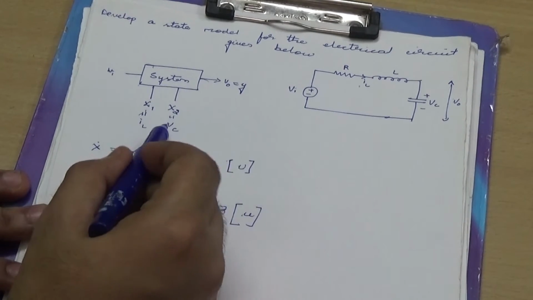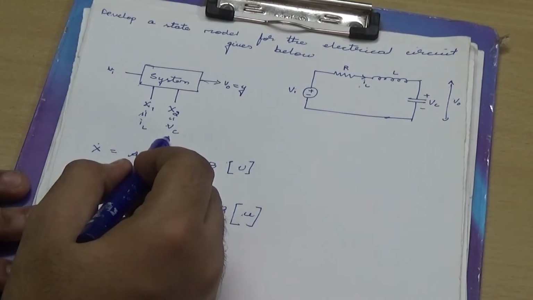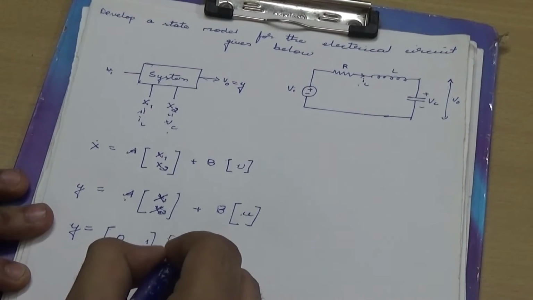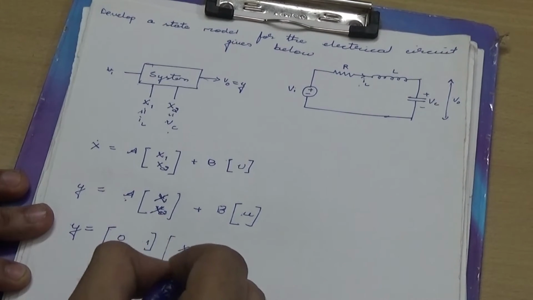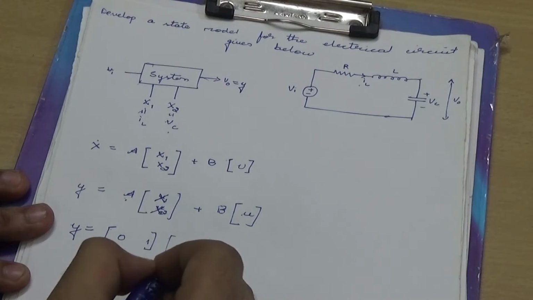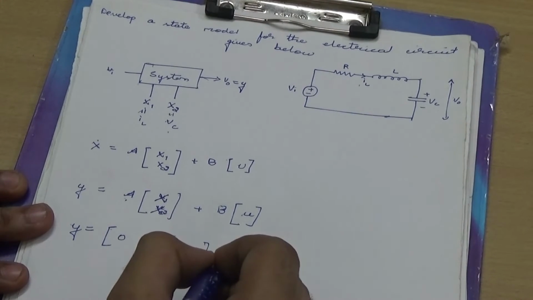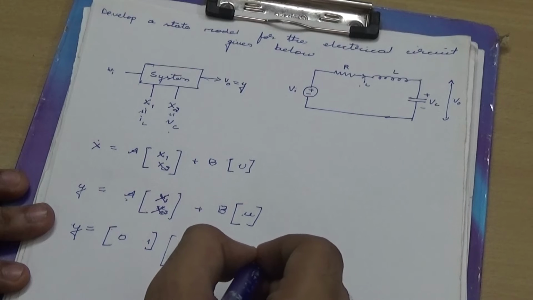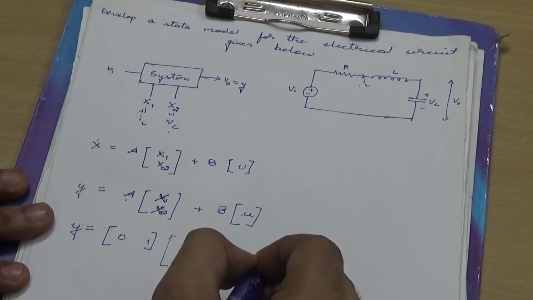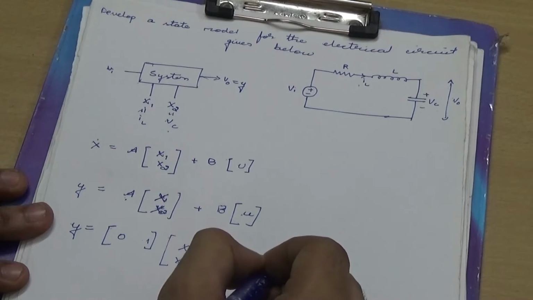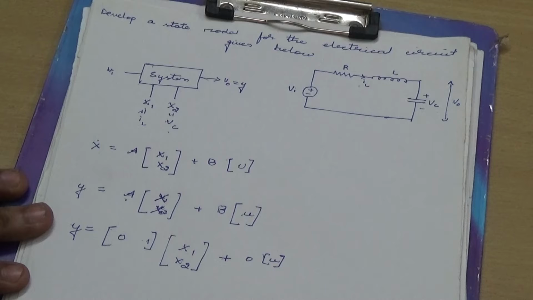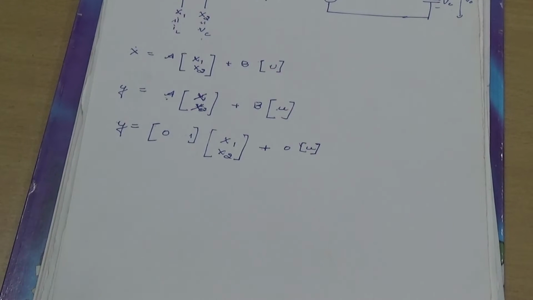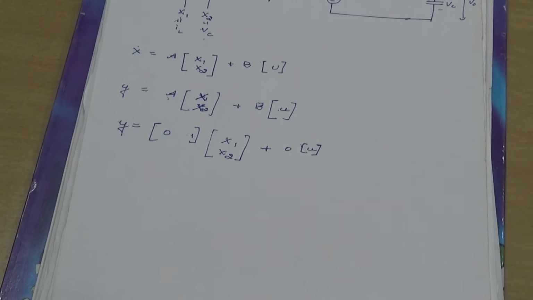Since it contains only x2, that is Vc, I have written 1 here so that when I do the matrix multiplication I get only x2, that is Vc, plus 0 into U, which is the input. This is how the output equation of the given circuit can be written.